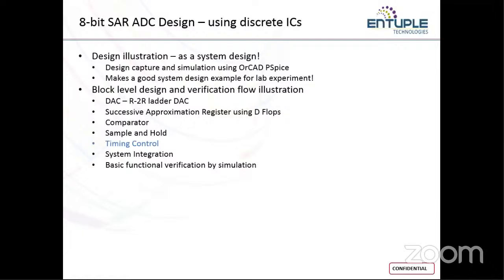We are about to start the design with an R-2R ladder digital to analog converter, followed by the successive approximation register using D flops, and then a comparator design. Along with that, a sample and hold circuit. Timing control alone we are removing since we are still in the process of designing.